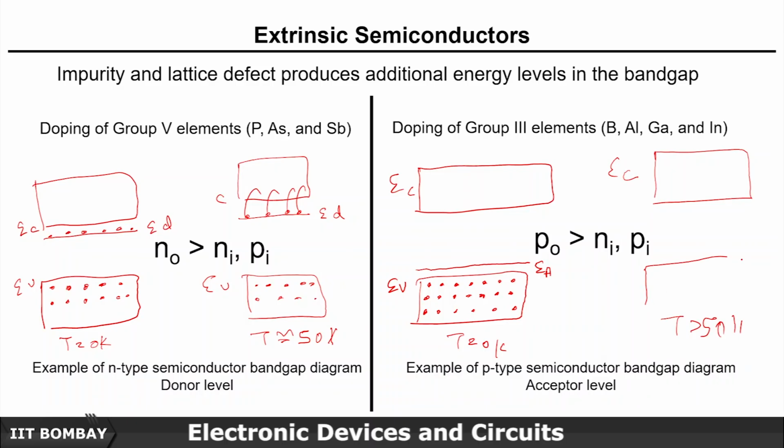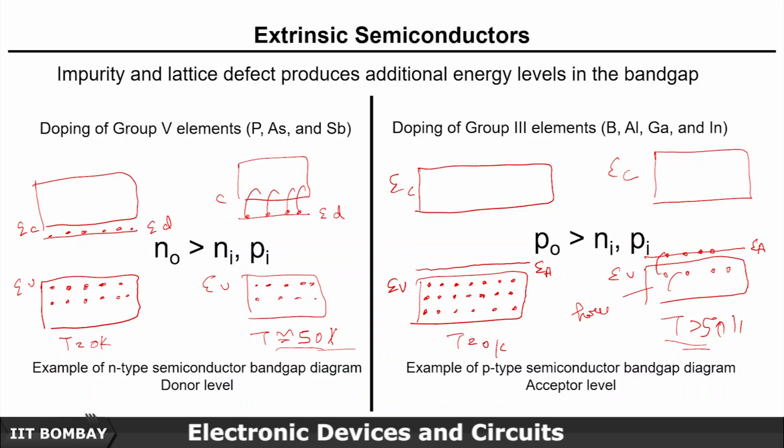Some of these electrons can move to this acceptor level, and you will have free holes here, and then electrons can move and constitute the current. Of course, both need small thermal energy, which is relatively less than in the case of an intrinsic semiconductor.